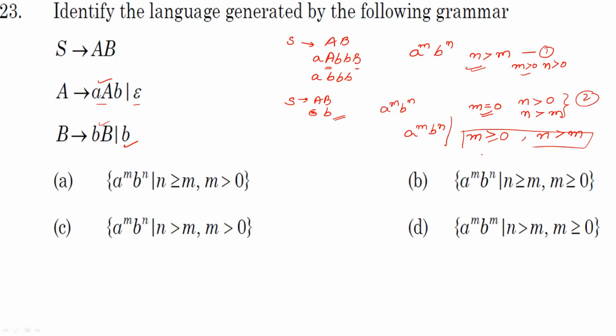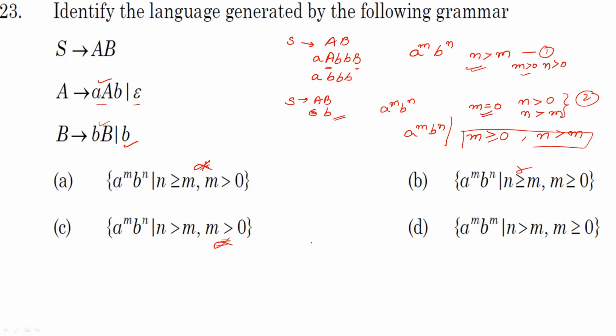Let's check the options. n is greater than m; n is never equal to m. So this is false: n greater than m is okay, but here the equal to sign is not there. Here n is greater than or equal to m, so it is not right.